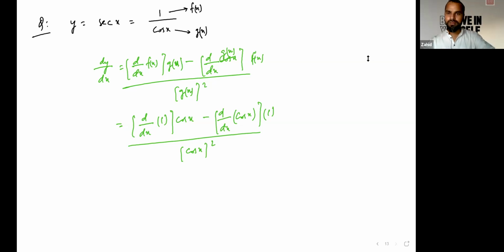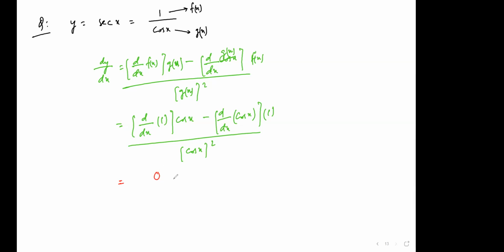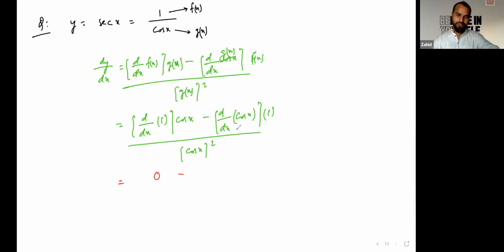Okay. Next, since 1 is a constant, the differentiation of that constant is 0, and 0 multiplied with a number is 0. Next, minus the differentiation of cos x, which is minus sine x, multiplied by 1, divided by cos square x, which means cos x into cos x.